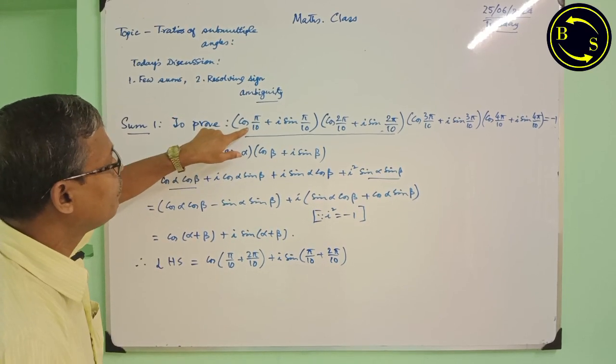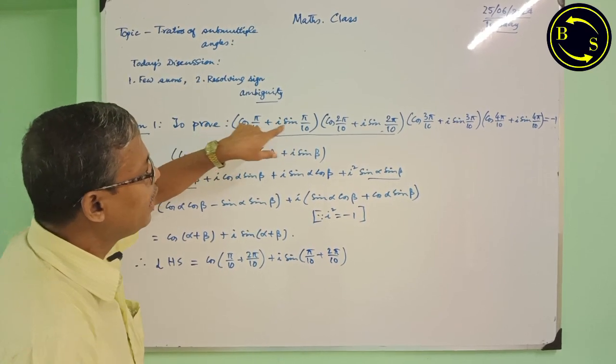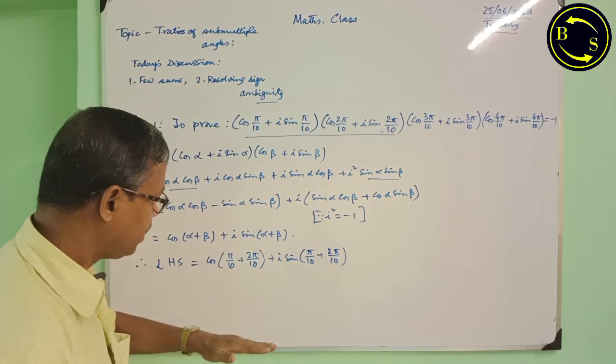Actually, where alpha equal to pi by 10 and beta equal to 2 pi by 10.